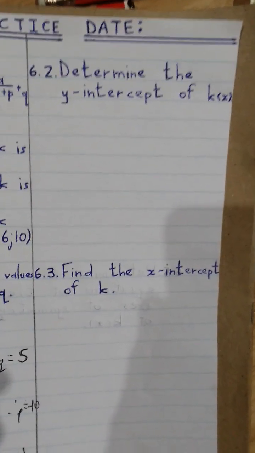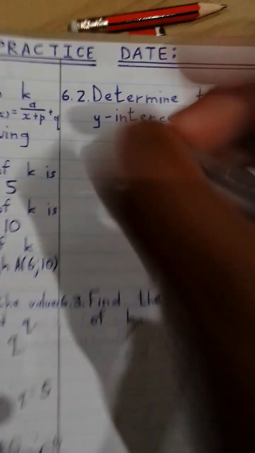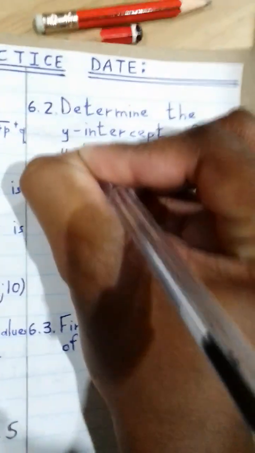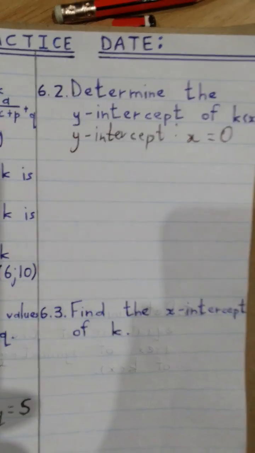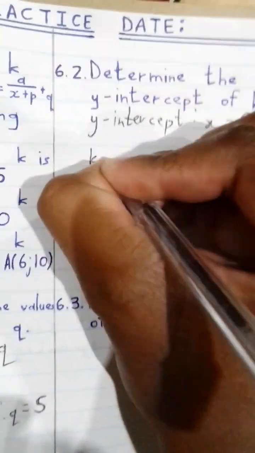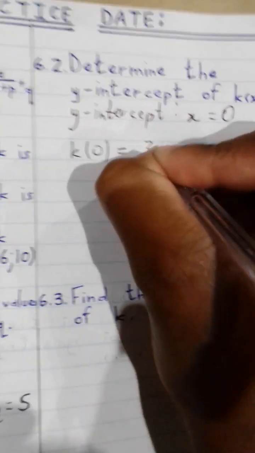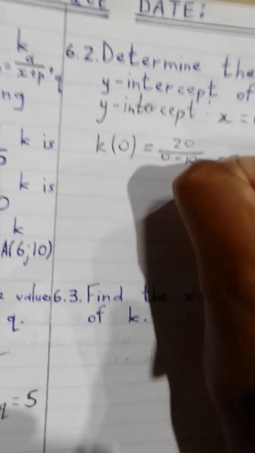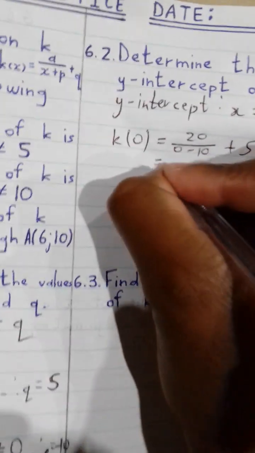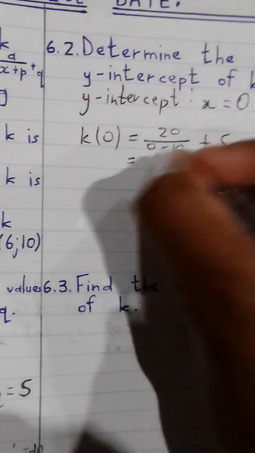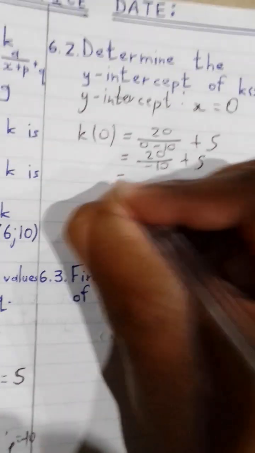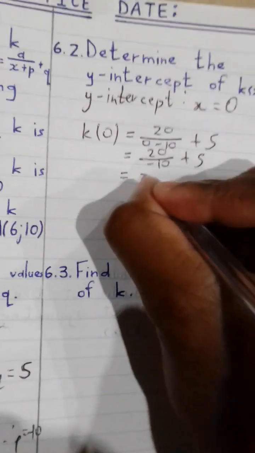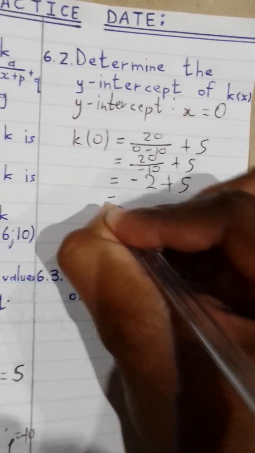6.2. Determine the y-intercept of k of x. For the y-intercept, x is 0, so we calculate k of 0, which is 20 over 0 minus 10, plus 5. 20 over negative 10 plus 5, so it's negative 2 plus 5, which is 3.